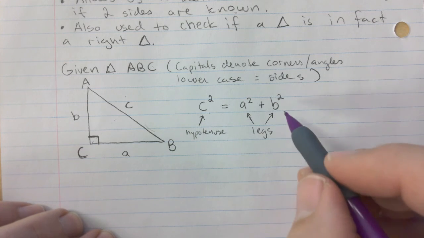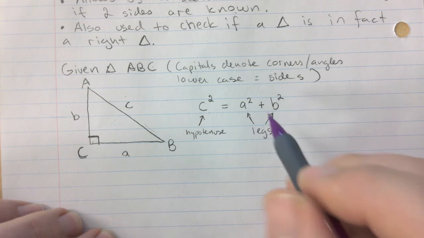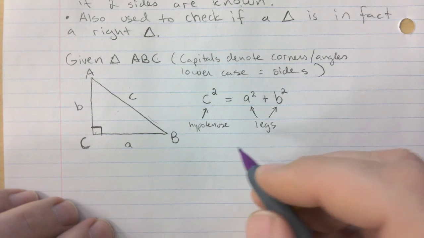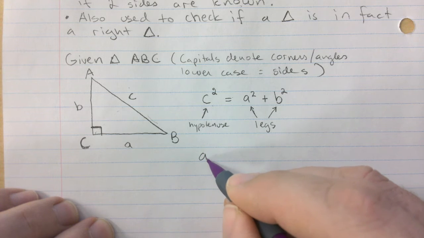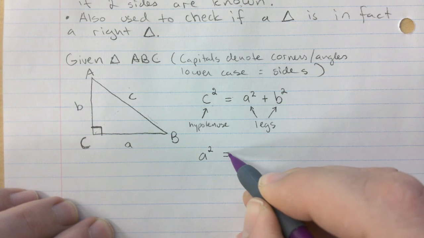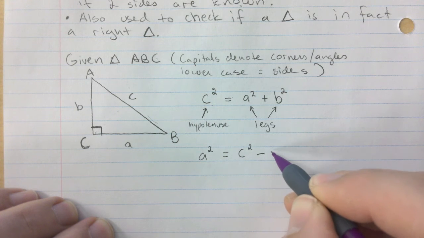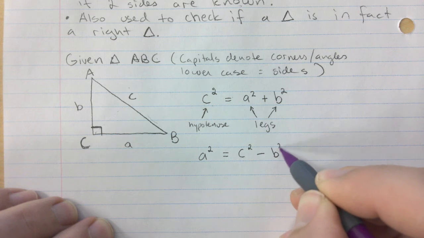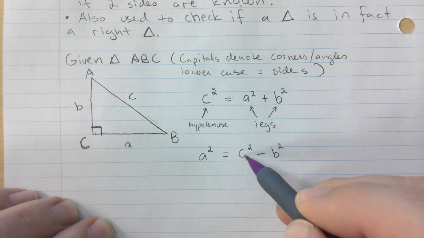And a variation of this formula is going to be, watch this. If you want to know a, you would have a squared is equal to, you take c squared and you subtract the other leg from it. Your hypotenuse is here now.